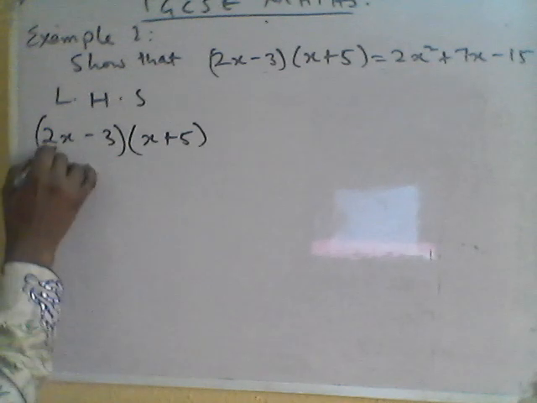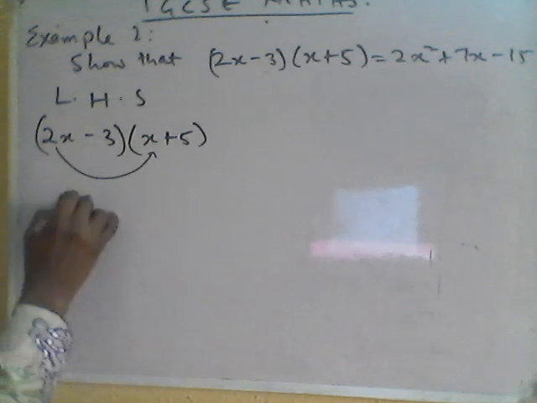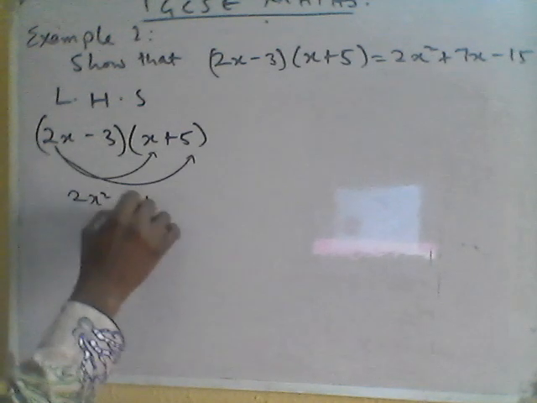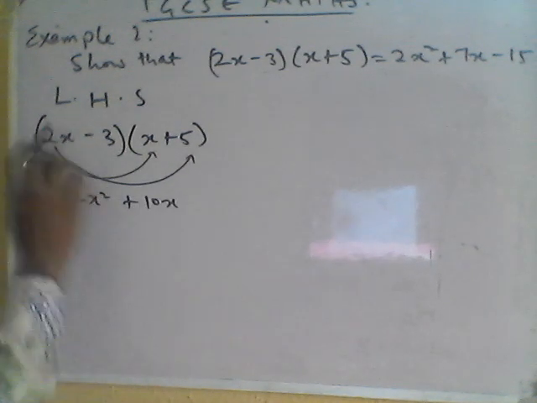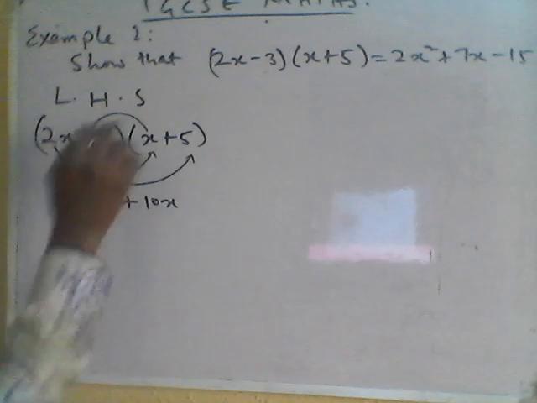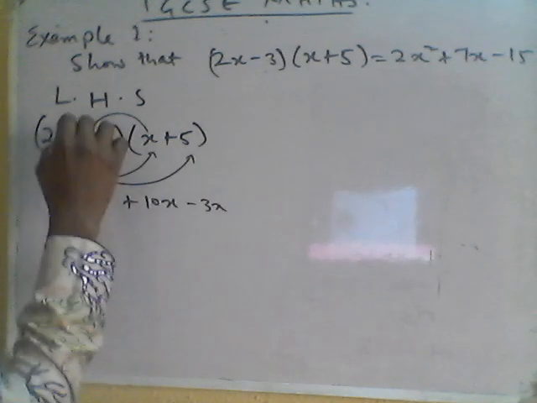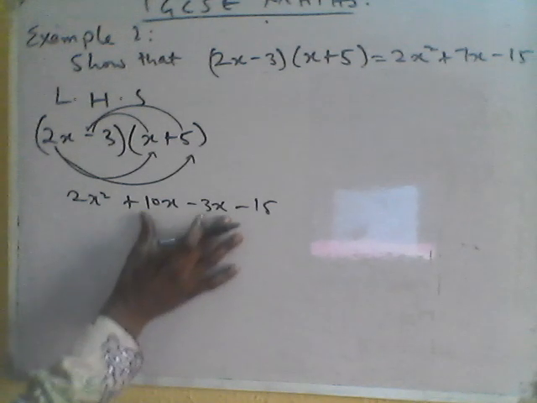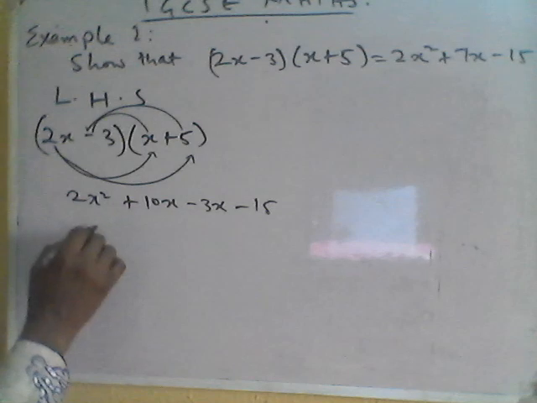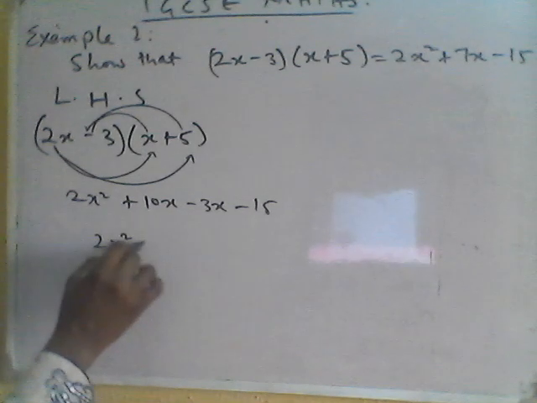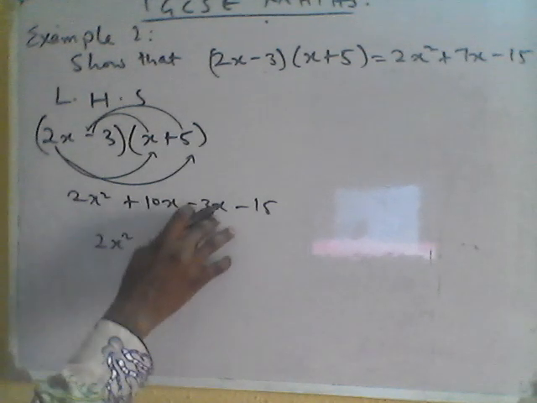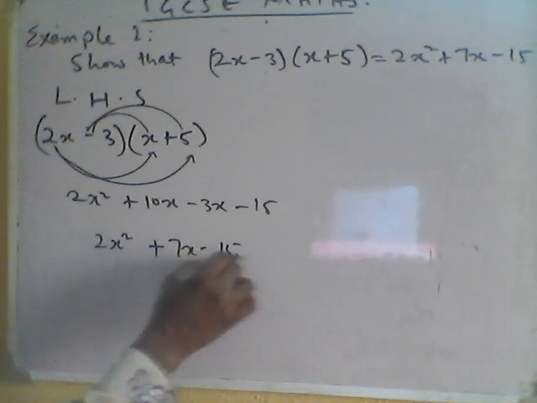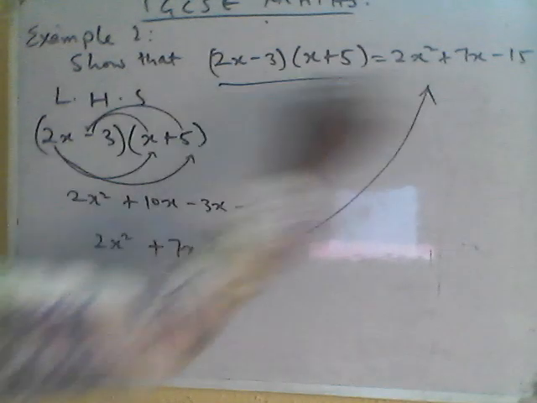So I now say 2x times x is 2x squared. 2x times 5 is plus 10x, because 2 times 5 is 10 and x is x. Minus 3 times x is minus 3x, and minus 3 times 5 is minus 15. These center terms are like terms, so I will work on them. The first term is 2x squared, then plus 10x minus 3x is 7x, then minus 15. This and this are equal, showing that this identity is true.